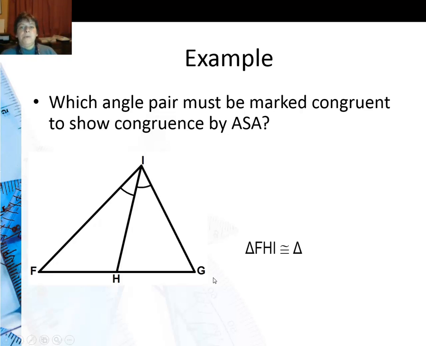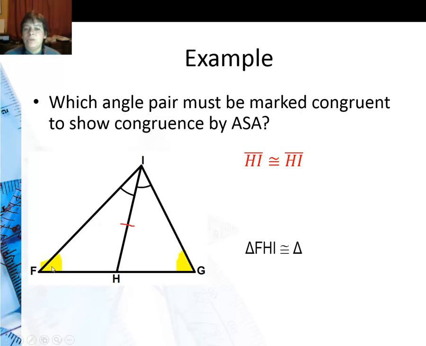So in this example, I want to see which angle pair must be marked congruent to show congruence by angle, side, angle. And so first of all, I can see that this is congruent by the reflexive property of congruence. HI is congruent to HI. And then if I try to say, let me do this angle over here, because that looks nice, but the problem is that side is not between the two angles.